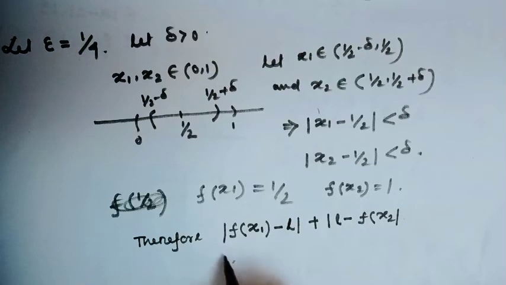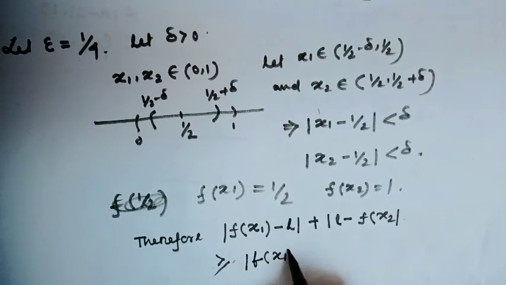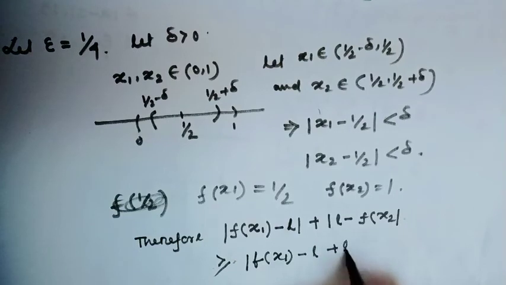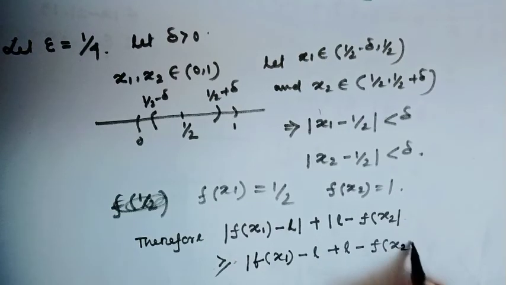Then by the triangle inequality, notice this is greater than or equal to, because the triangle inequality says |a plus b| is less than or equal to |a| plus |b|, but here it is reversed, so it is greater than or equal to |f(x1) minus L plus L minus f(x2)|.